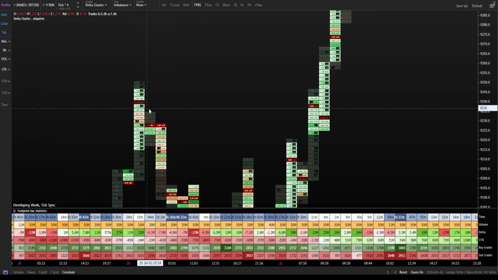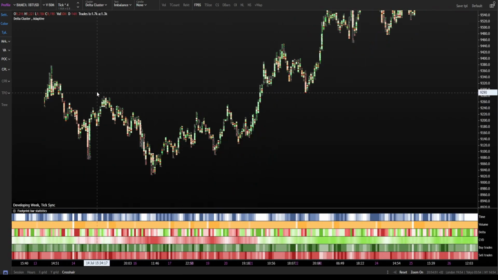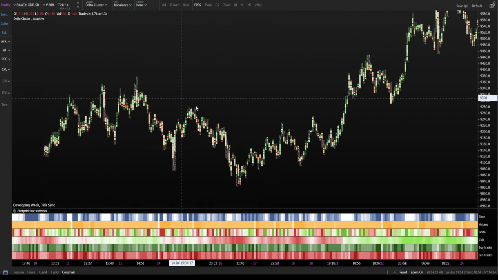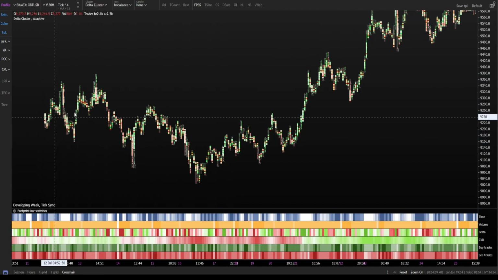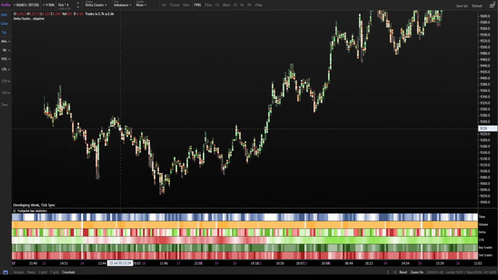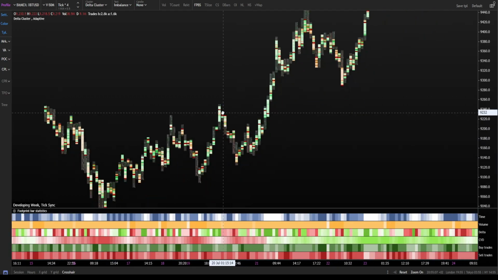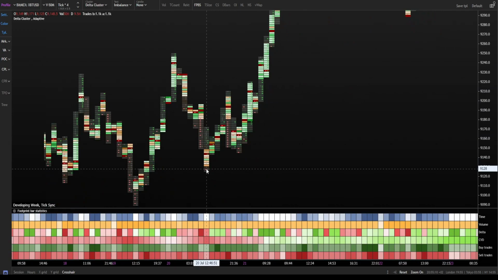This was proper resistance, obviously, because we also had all this market structure before. So it made sense that we were reaching it. From the top of my head, I also believe this was a point of control of this range. So it makes sense that we got a rejection off of here, making a higher low.